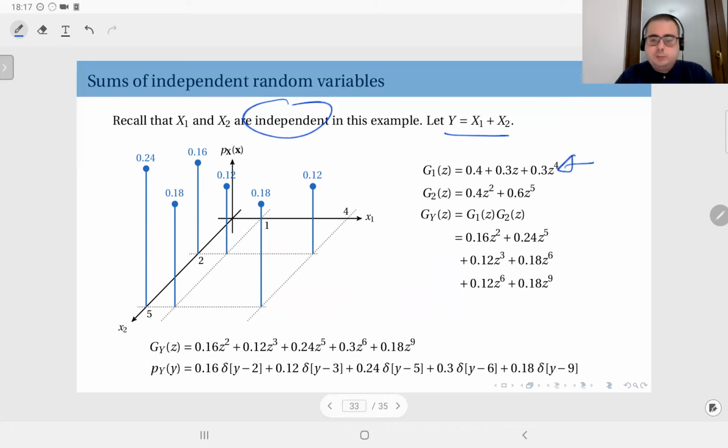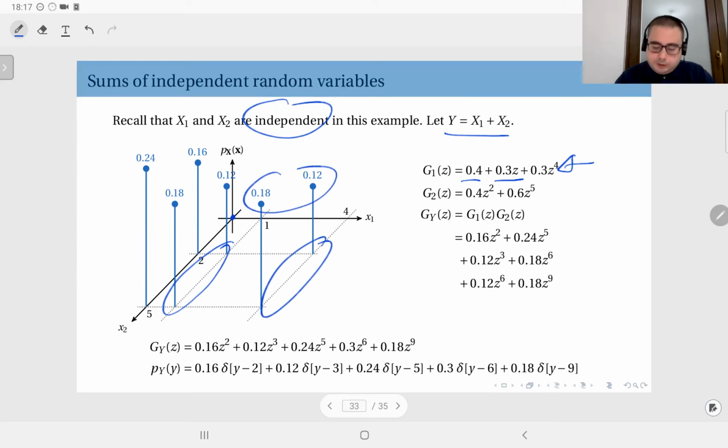from the marginal distribution of x1, you can write the generating function as 0.4 times z to the power 0, because you have 0.4 probability for x1 equals 0, and x1 equals 1 has the probability of 0.3. Okay, 0.3 times z to the power 1, plus 0.3 times z to the power 4, because x1 equals 4 has again 0.3 probability.